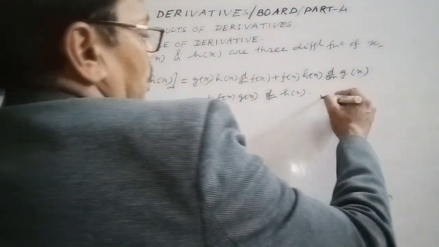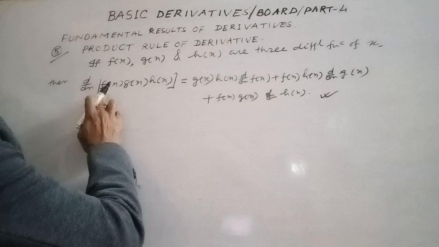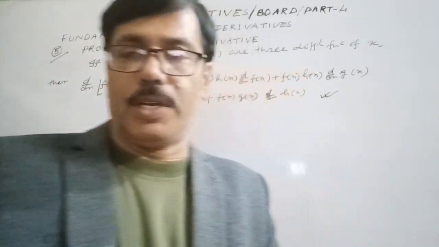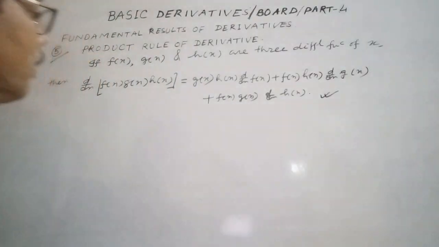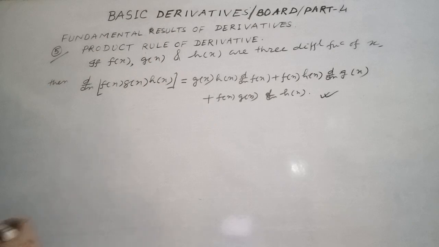So for three functions. And you will learn later, you can avoid this product rule if you use logarithmic derivative. But up to three functions, you can use product rule.